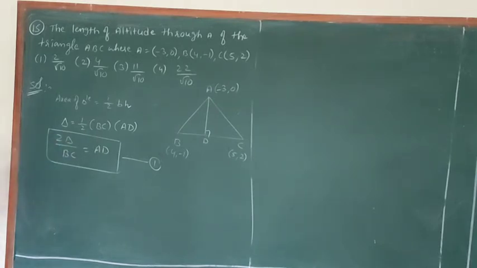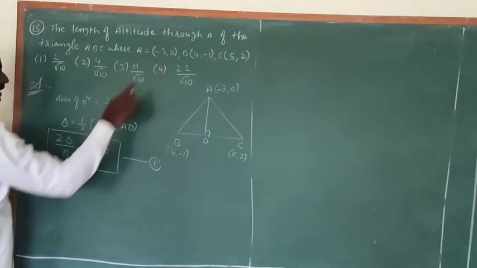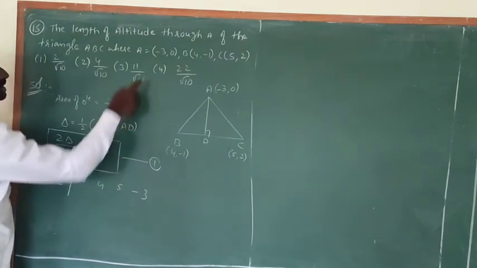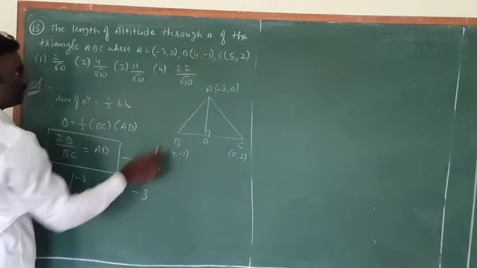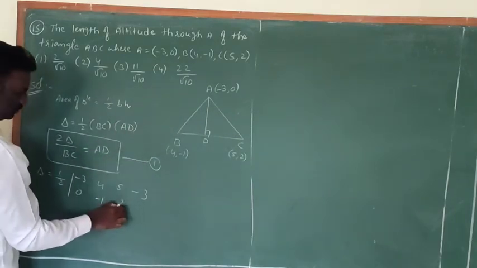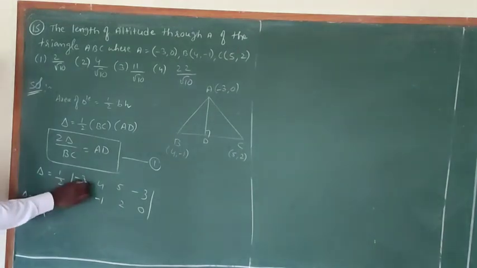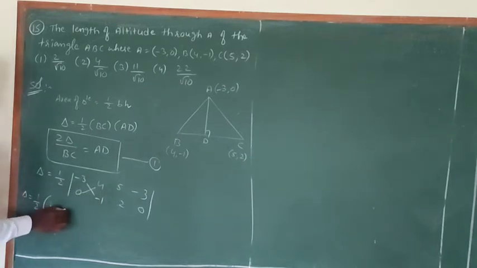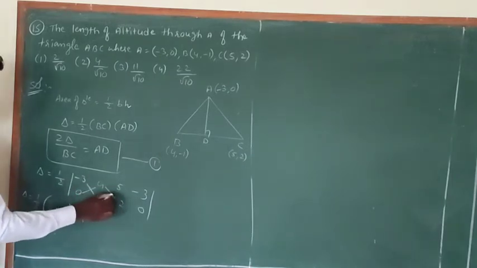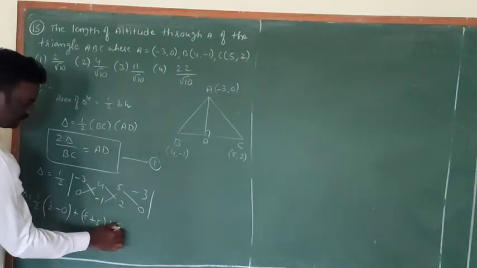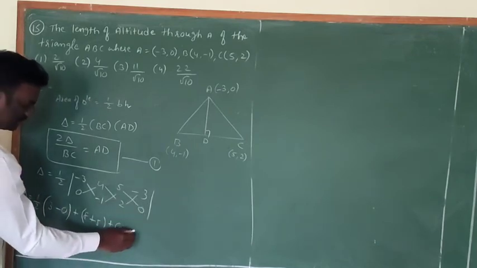Delta means area. Delta equals half into, first value is what? -3. Here 4, 5, -3. Second value 0. Here -1, 2, 0. Find delta. Delta equals half into, multiply these two, 3, minus multiply these two, 0, plus 4 2 just 8, minus of minus plus 5. 5 into 0, 0, minus 2 into -3, -6, minus of -6 plus 6.